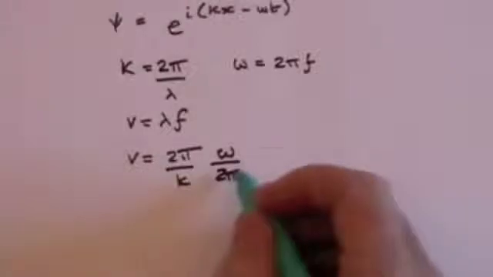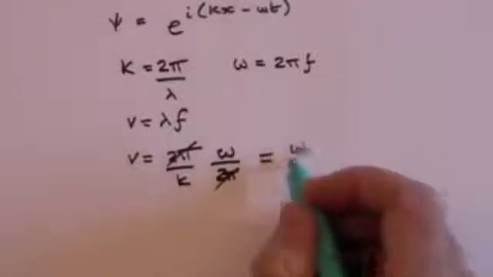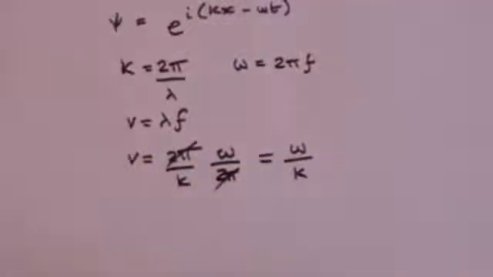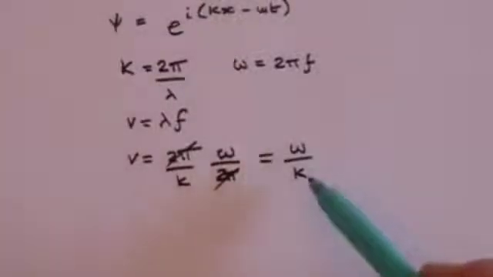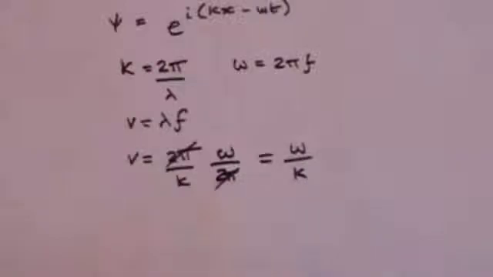The 2 pi's cancel, and you get that the velocity of the wave is simply omega divided by k. Or if you like, the frequency term divided by what's called the wave number.